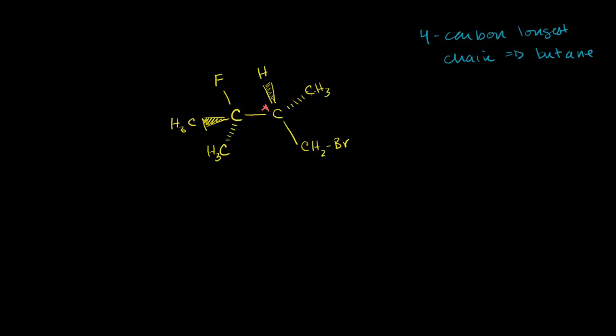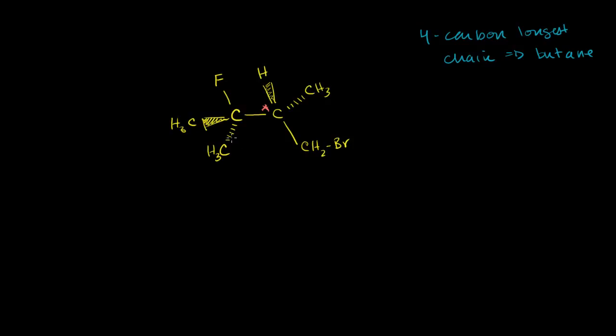So if we used this carbon as part of our longest chain, then this will be a group attached to it, which would be a bromo-methyl group, which is not as simple as it could be. But if we use this carbon in our longest chain, we'll have 2 groups. We'll have a bromo attached, and we'll also have a methyl group. And that's what we want. We want more simple groups attached to the longest chain.